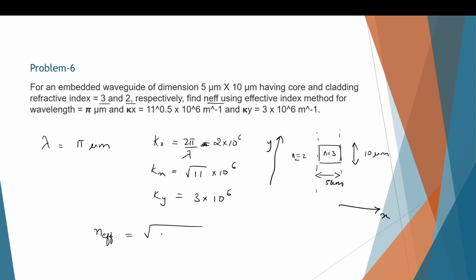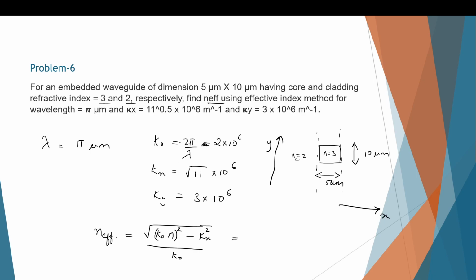So an effective index I can find out using the formula. This term basically I call it beta x, but I don't know if the professor has also called it beta x in the class. So we'll just take it as a formula to avoid confusion.